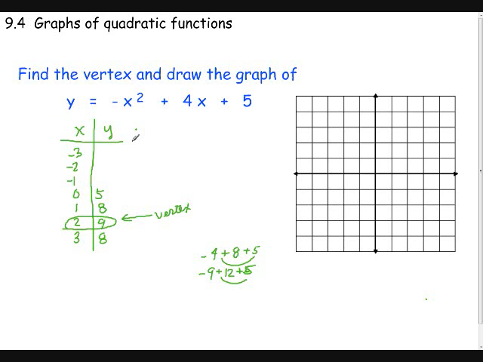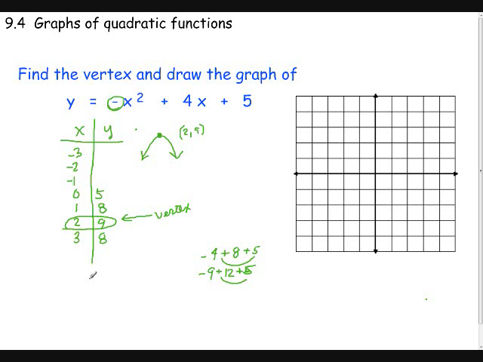Well, first of all, we know because this is negative on our x squared term that we're dealing with a parabola that's going downward. We didn't know where our vertex was. But now this looks like I've reached my high point, which is at 2, 9, and I'm starting to go down again.